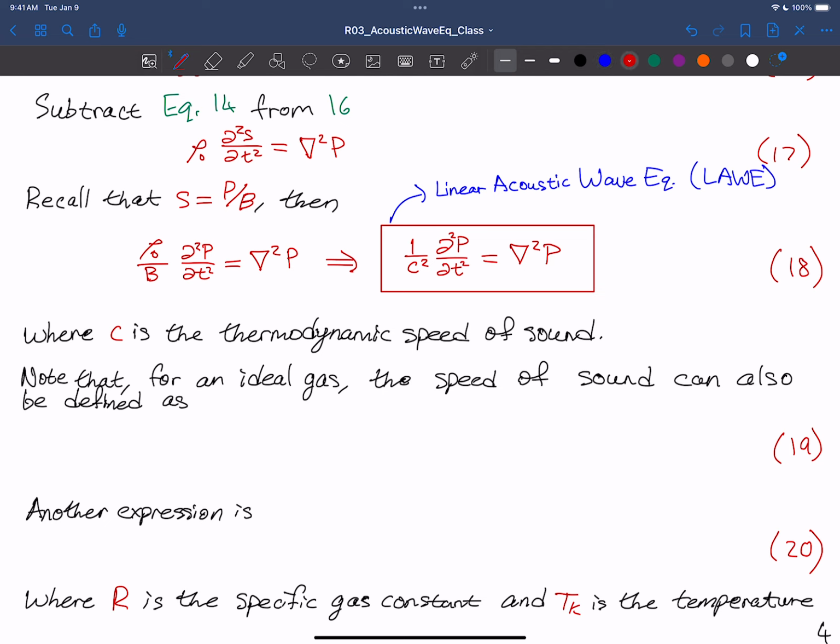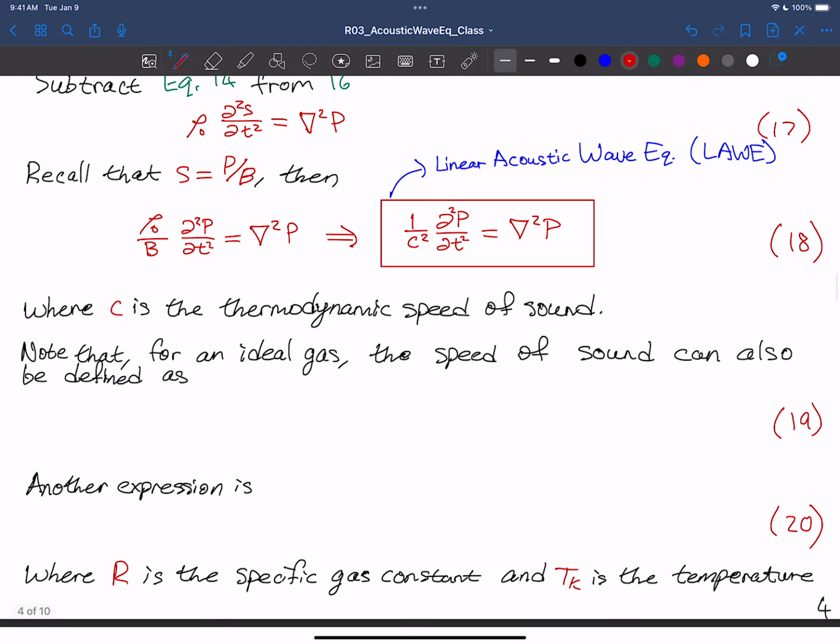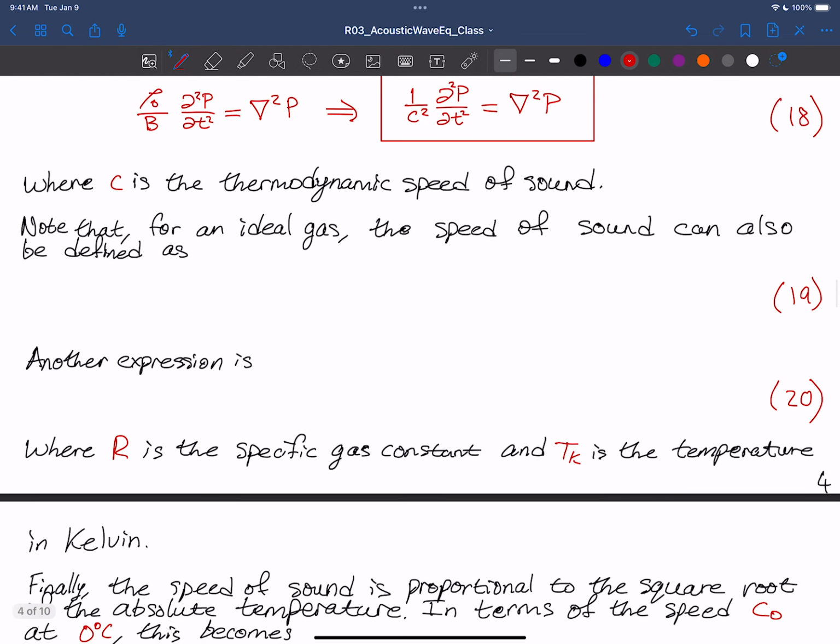Okay, so for an ideal gas, the speed of sound can also be defined as c squared is equal to gamma times p0, that's our atmospheric pressure, divided by rho 0, where gamma is the ratio of specific heats, and you can find that in Appendix A10.